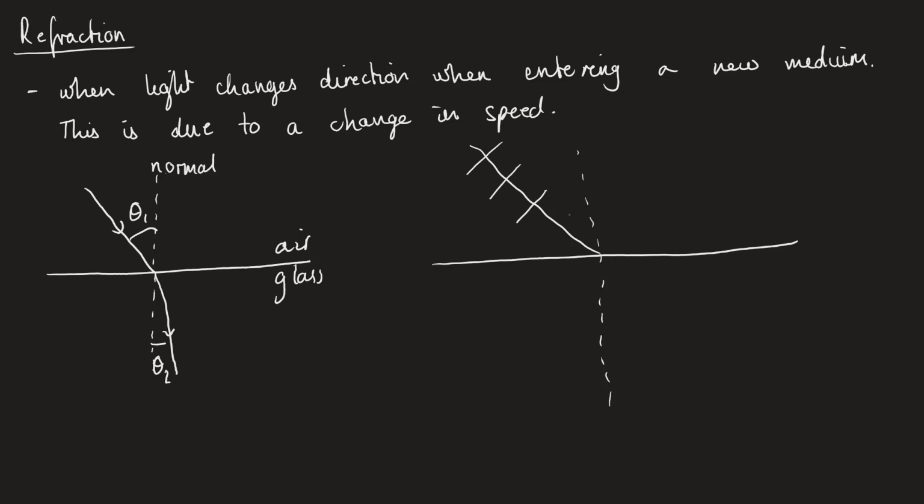We have some wavefronts, okay, and these are all going to be traveling at the same speed while we're in air because it's in the same medium, so there's no change in speed. But as soon as we go to glass, when light enters a more dense medium, we're going to get rid of this term more dense and we're going to have to refer to it as more optically dense medium. So when light enters a more optically dense medium, it starts to slow down.